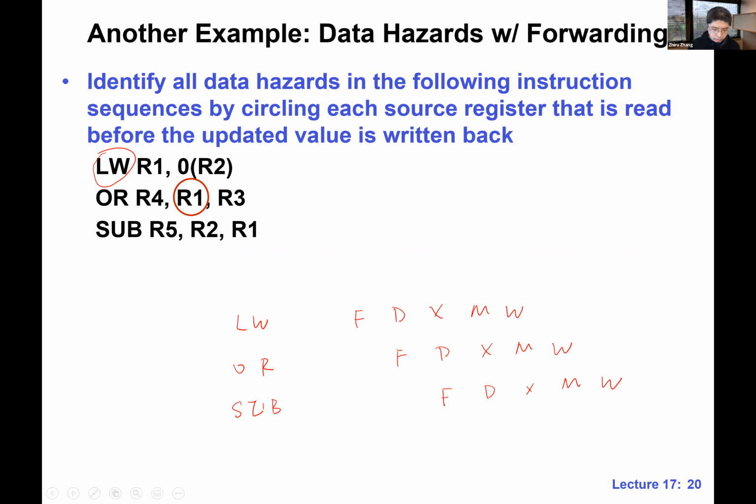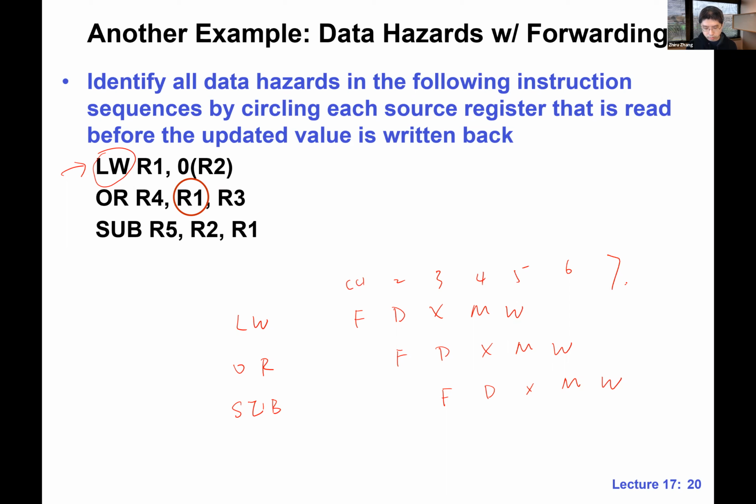Where do we get R1 for load, for LW? In CC 1, 2, 3, 4, 5, 6, 7. Which cycle? CC 5. So when we write back. But when's the earliest? Of course, if there's no forwarding for load, there's an issue.